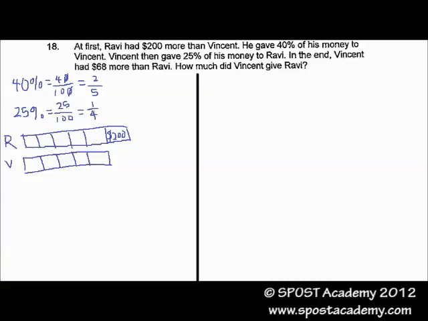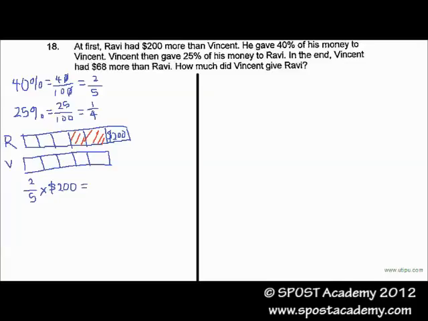Now, besides giving the 2 units to Vincent, he also needs to give 2/5 of the $200 extra he has to Vincent. So 2 units is given away to Vincent, and we need to work out what is 2/5 of the $200.